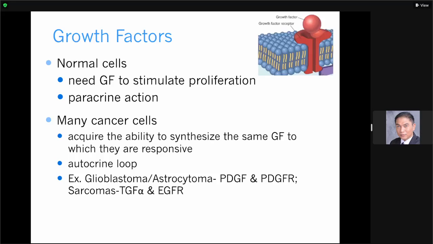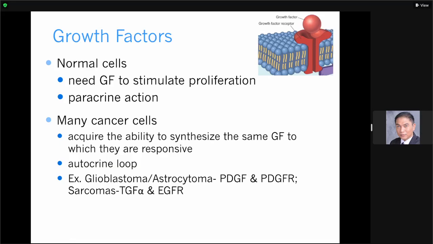So in a normal process, the cells need growth factors for them to proliferate. So this is the growth factor receptor. You have here the growth factor. They must bind to their respective receptor in order to stimulate the cell to proliferate. And this happens in a paracrine fashion.